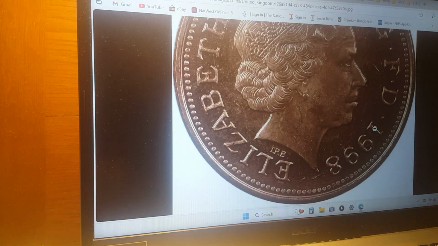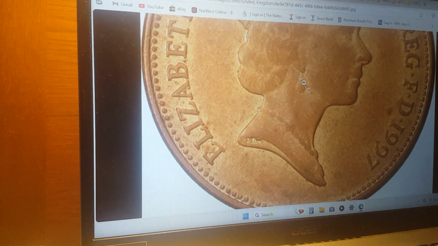And the coins, when we go like this, I mean, look at that. That is a huge difference. A huge difference to what we're seeing. But I think if you're going to find an error and it turns out to be one of these, see, that 9's nearly closed and that 9 is not closed.